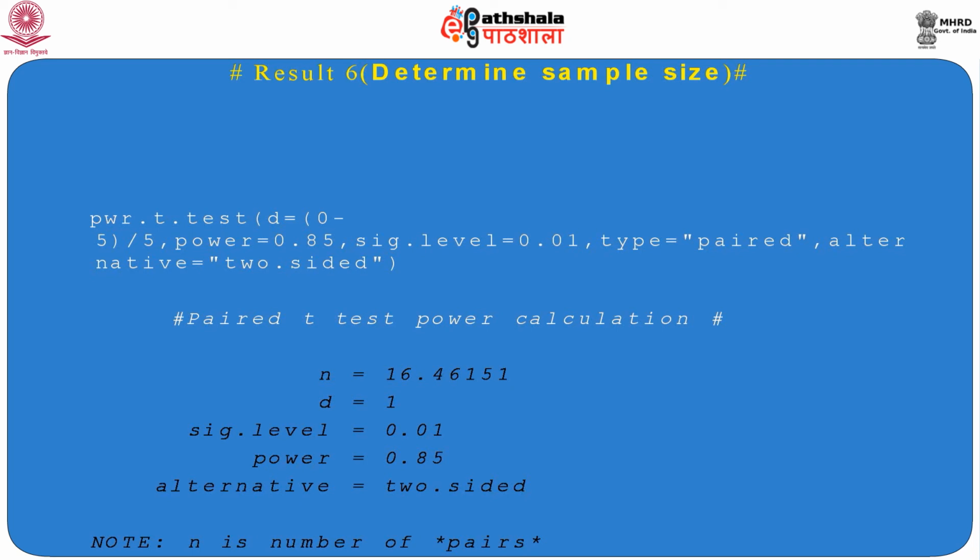This way getting the optimum sample size is possible. So here we are getting sample size 16.46 with significance level 0.01 and power of 85%, having alternative two.sided. Now again we reduced our power from 0.85 to 0.80, and it reduced from 16 to 15.08. Other things are the same, so it is reducing.